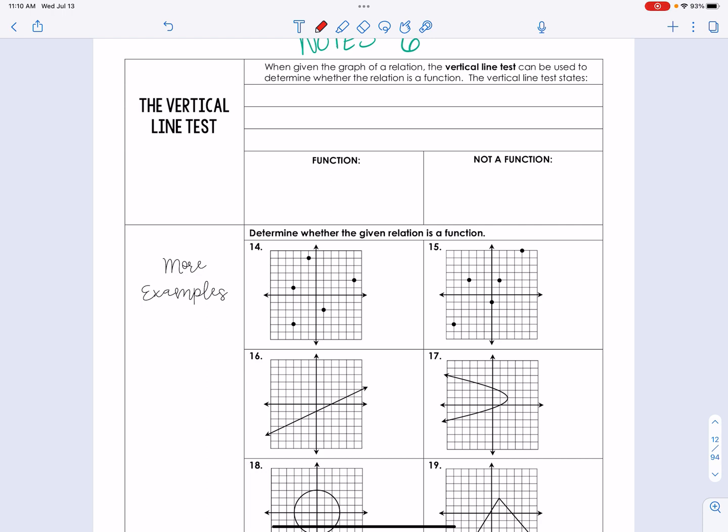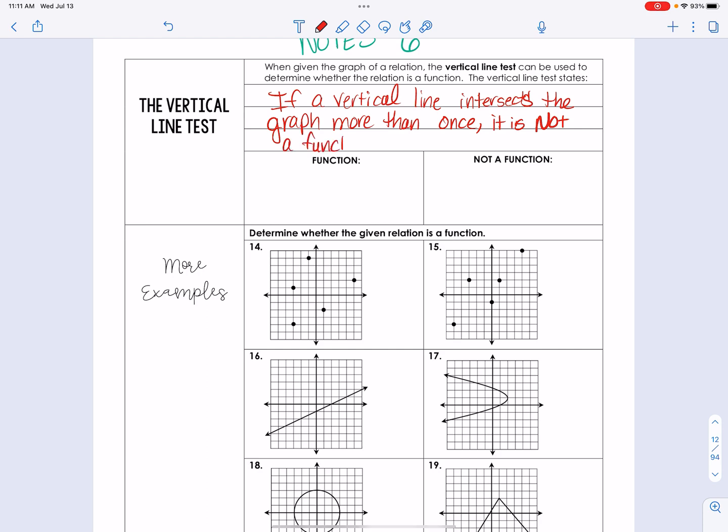The vertical line test states if a vertical line intersects the graph more than once, it is not a function. Because if it intersects it more than once, that means that it has x's that are the same.